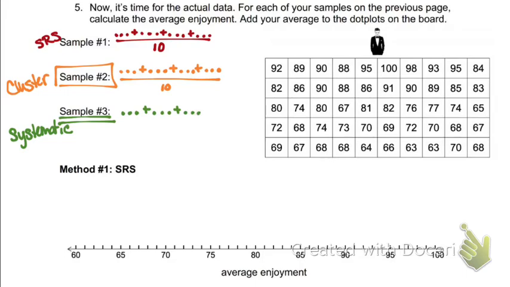And then there is one more average that you need to calculate, and that is the one from your systematic sample.